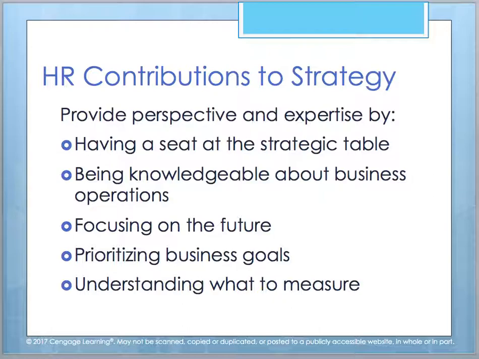And that is your future. And then you have to be able to prioritize the goals of the organization, from the most important to the least important, and understand what needs to be measured and when it needs to be measured and how it needs to be measured. All of those need to be factored in because you take those measurements and that's how you're able to gauge whether or not something is successful, or something needs to be improved or just continued.